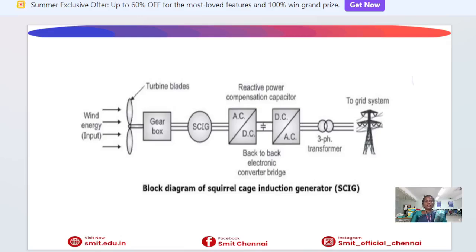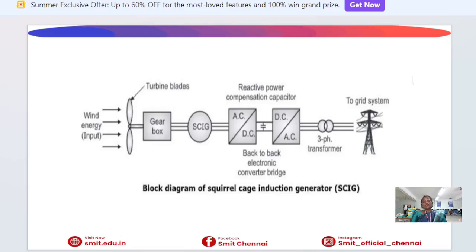This converter helps regulate power before applying it to the grid. The capacitor bank is connected for reactive power compensation because induction generators require reactive power for magnetization. Finally, the generated voltage is stepped up using a three-phase transformer and supplied to the utility grid.